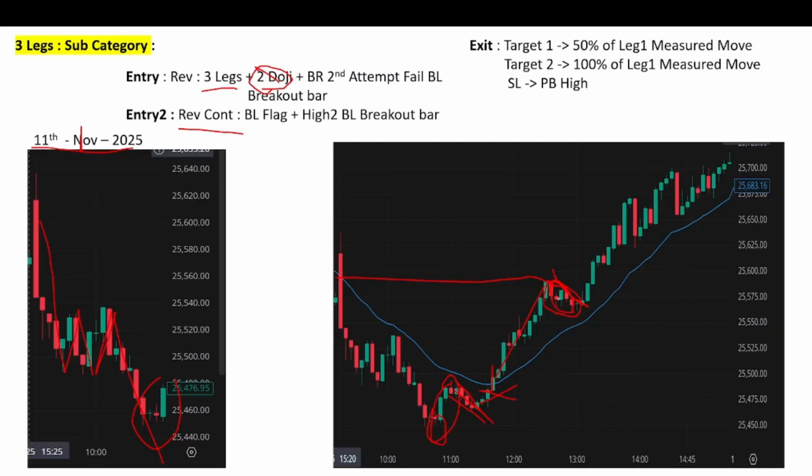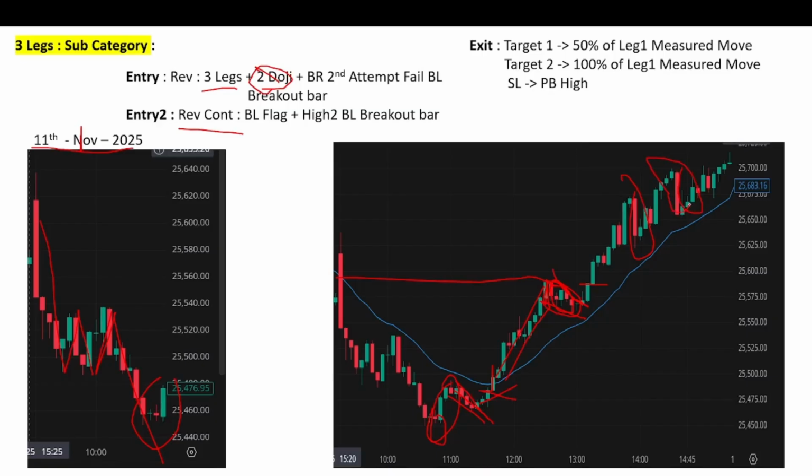This is high, it has formed a high 2 by this bar, and this happened to be just a bull flag. So your second entry is here, and you can either exit here where the really good bear bar happened, or you can exit here.